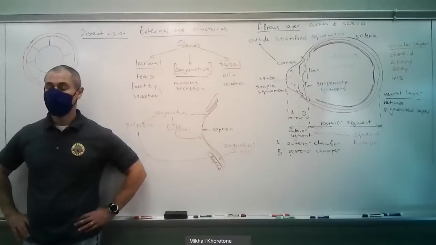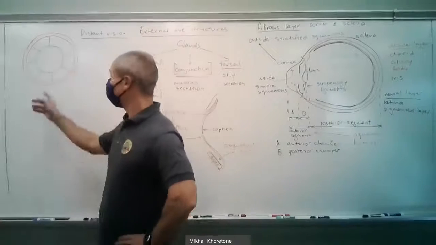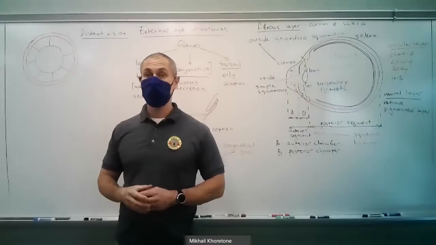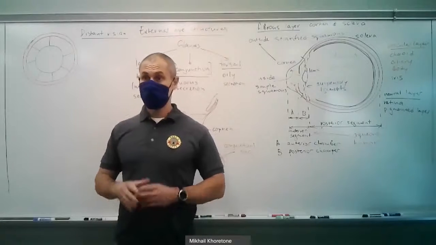Short, yes. So remember, contraction means shorter muscle, relaxation means longer muscle. So when you look at something distant, your ciliary muscle is relaxed, which makes it longer. Does that make sense?